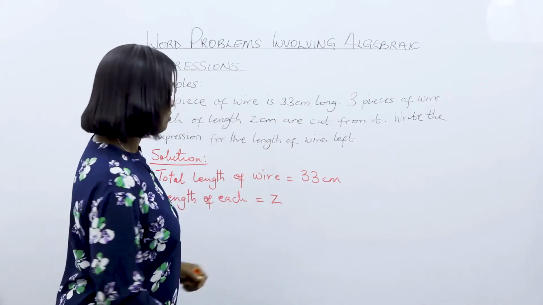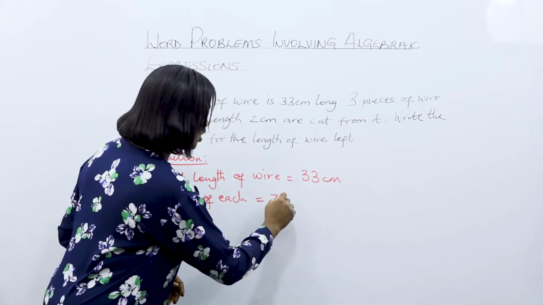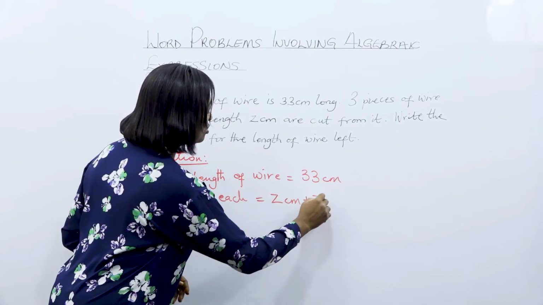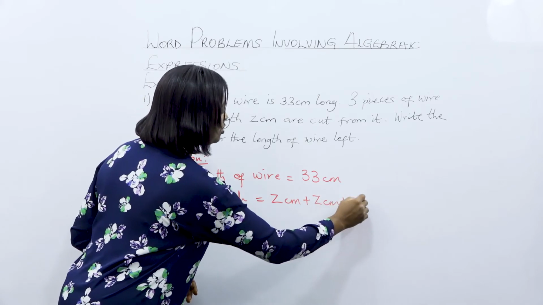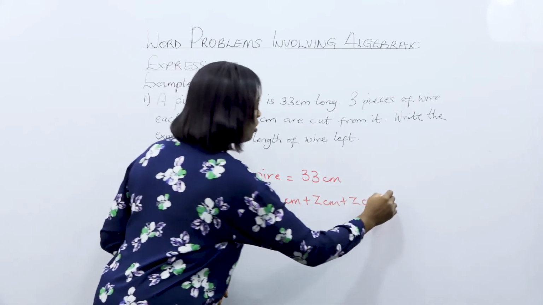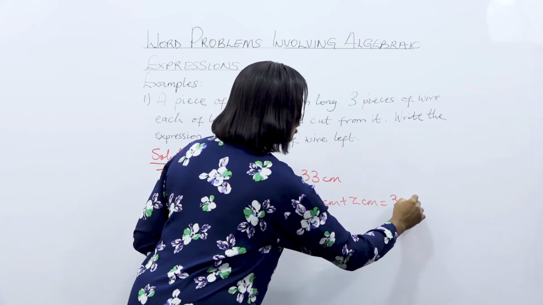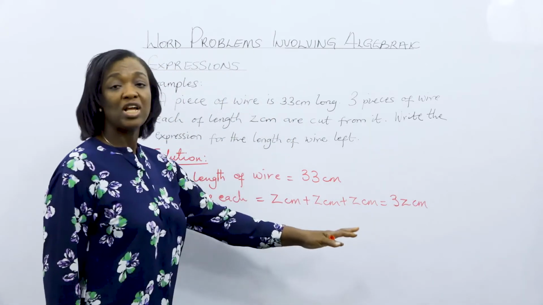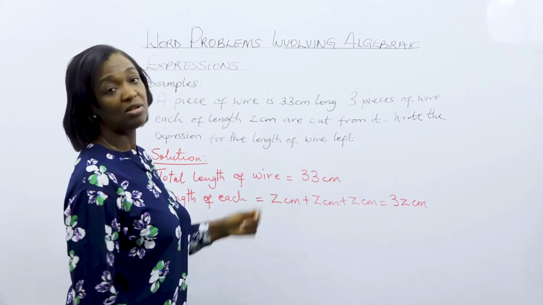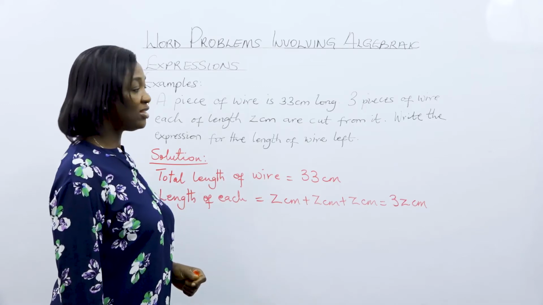So if there are 3 of them that were cut out, so z centimeter plus z centimeter plus z centimeter, that becomes equals 3z centimeters. So a total of 3z centimeters have been cut out from the length.